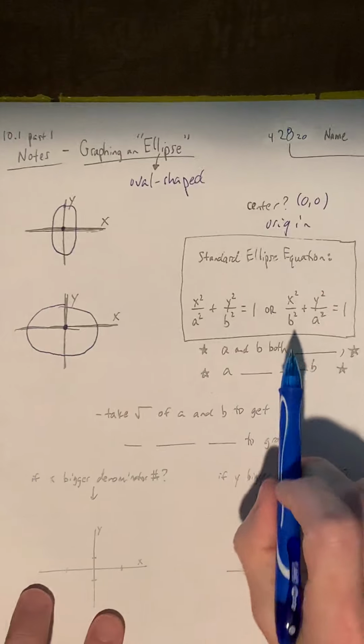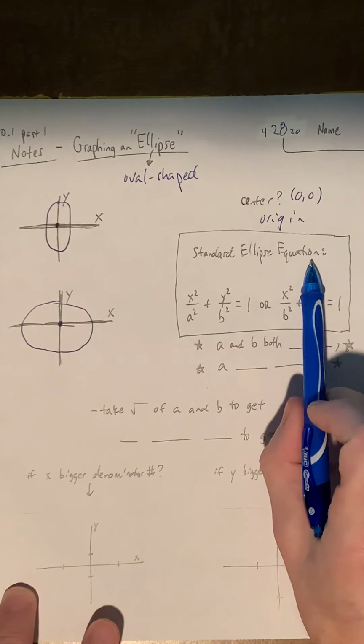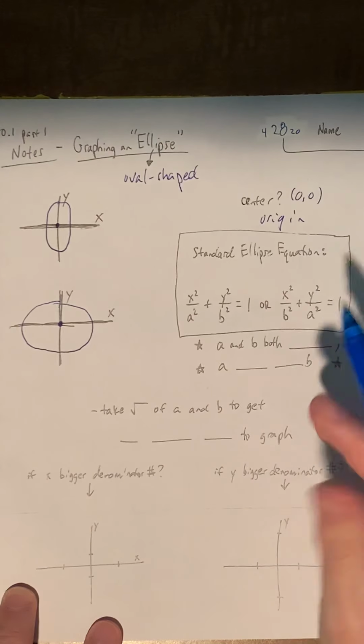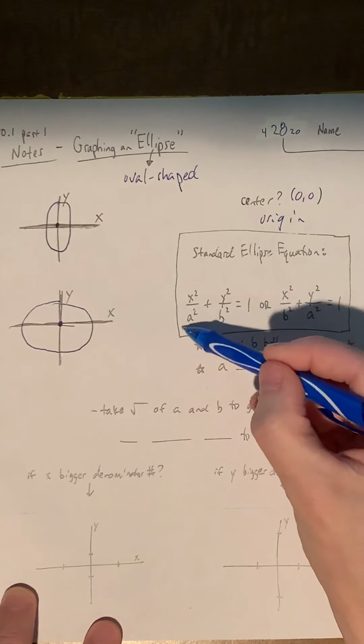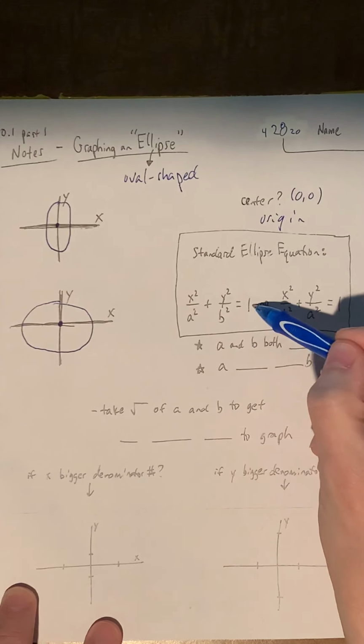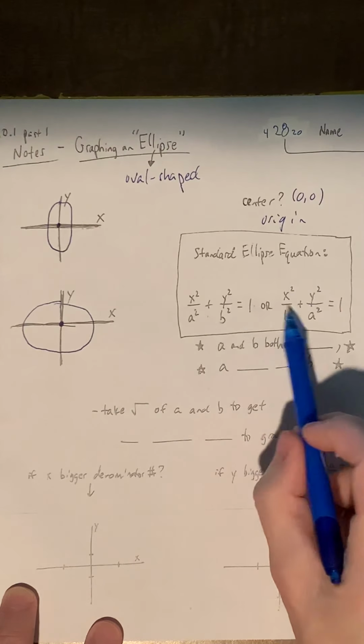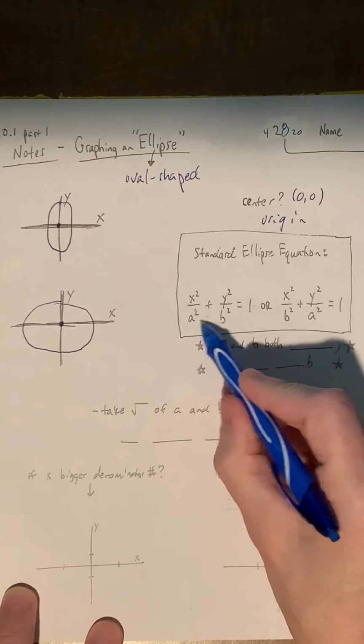Now, here in the box is your standard generic ellipse equation. All right, the equation looks like this. You're going to have a fraction plus another fraction equal to 1. Okay? These are pretty much the same equation. Just A and B are here.